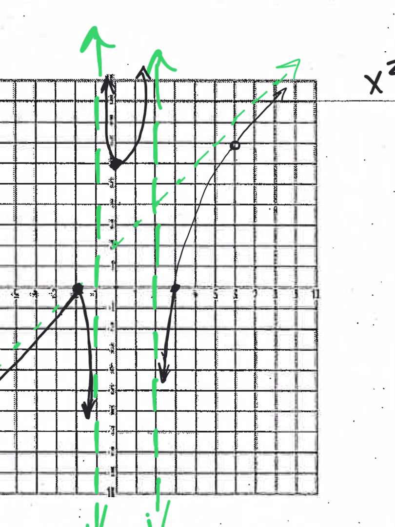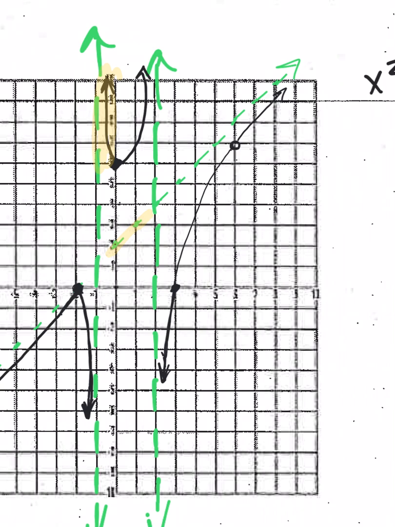Now, here's another question for you. How did I know that this side had to go up? If it went down, well, it can pass across this asymptote in between. Remember, this asymptote only does end behavior. It can cross that. It would have crossed the x-axis.